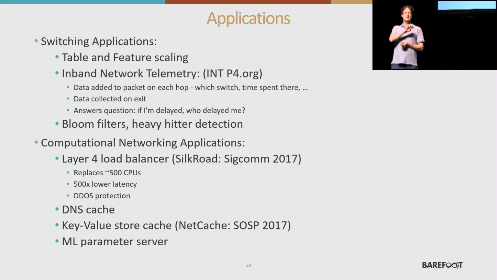And now you can answer the question: if I got delayed in a switch, who delayed me? And so even if you have microbursts, congestion events that last microseconds, you can find them where this has not been possible before. Actually, the CTO of AT&T described the visibility this gives them into their network as the difference between having X-rays and going to MRI.